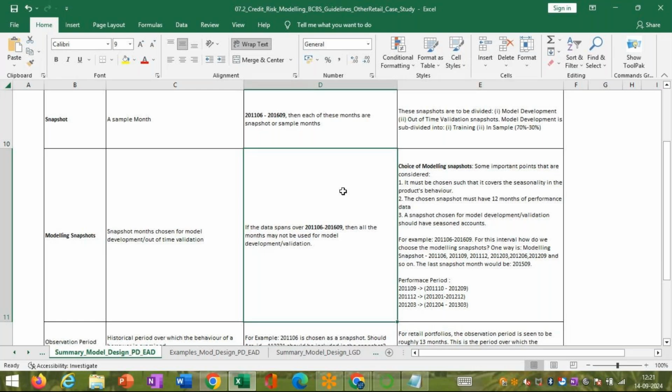Now think about the payment patterns for a credit card. Throughout the year, you will have a certain specific pattern for paying your credit card.